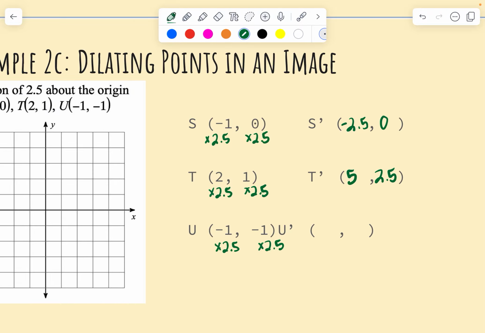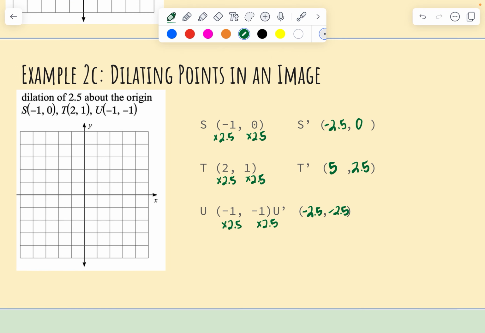And then for U, negative 1 times 2.5 is negative 2.5. So those are our new points. If we graphed it, we would see that the new image has gotten bigger by a factor of 2.5.